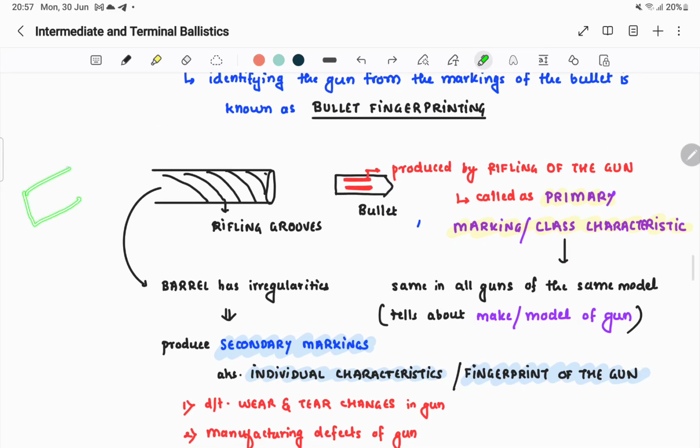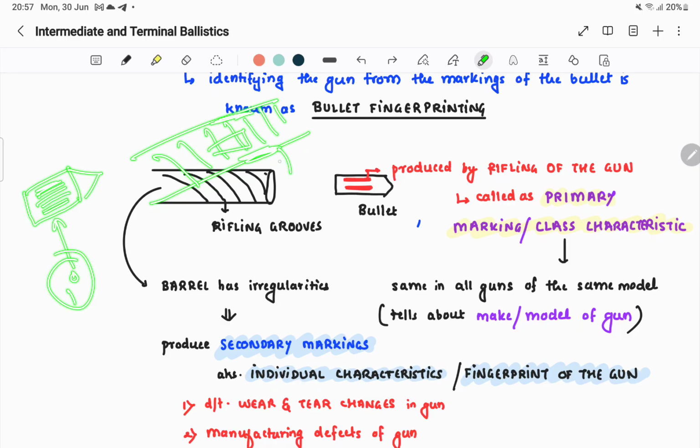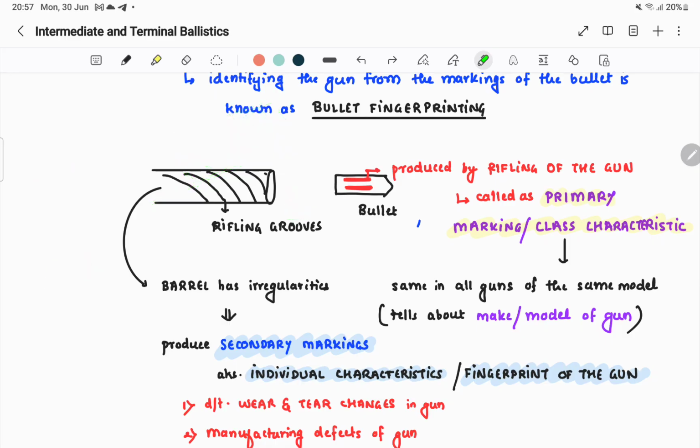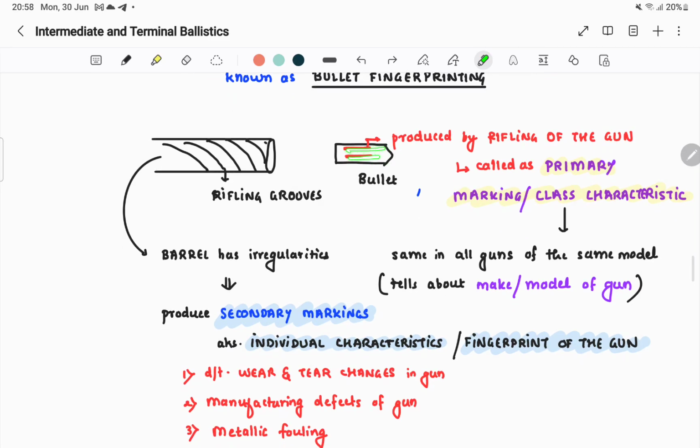So the bullet will have some riflings present like this. This is the primary marking. The rifle from which it is shot will have some markings like this. It is the secondary, okay. It's a fingerprint of the gun, and this is a fingerprint of the bullet or class characteristic of the bullet, okay.